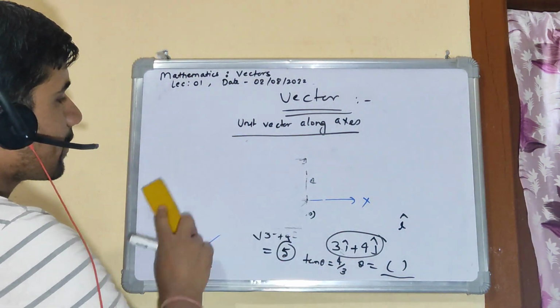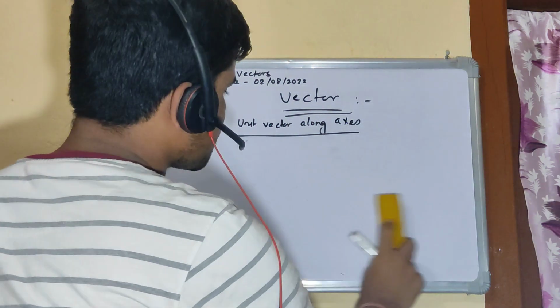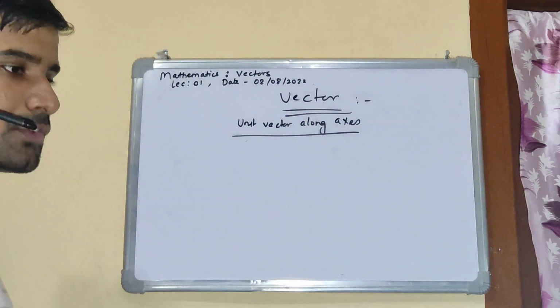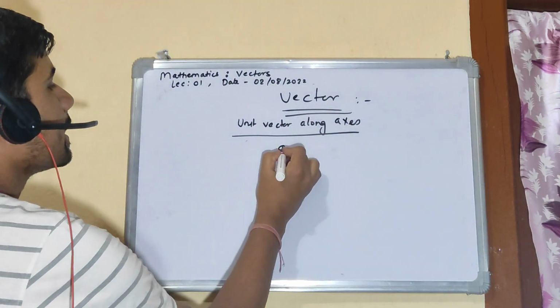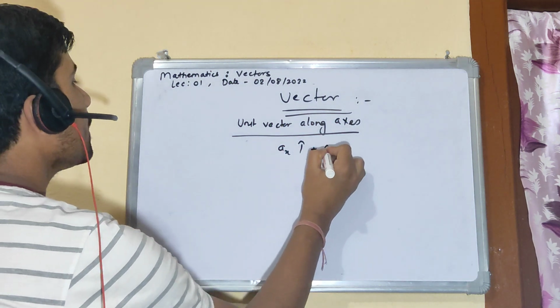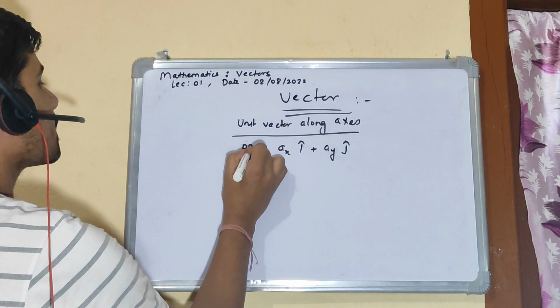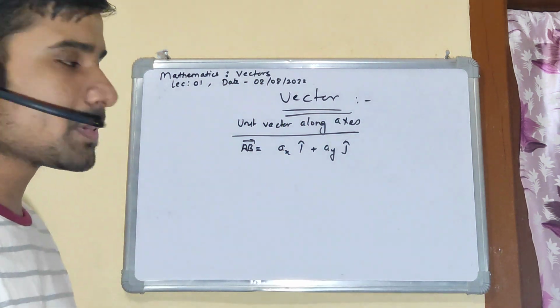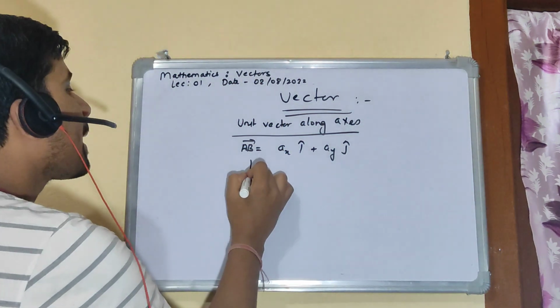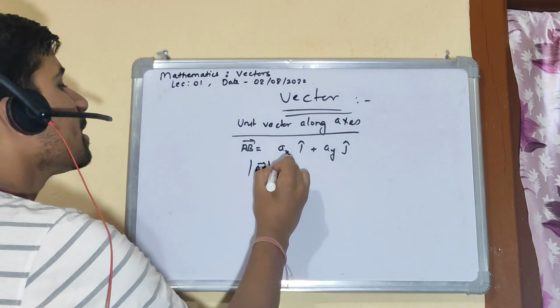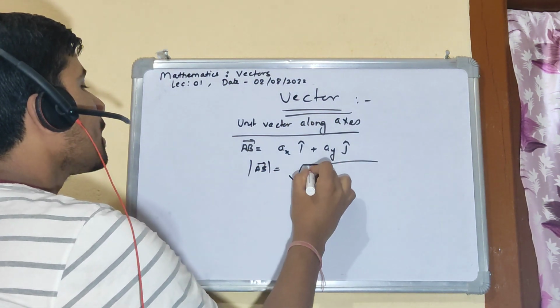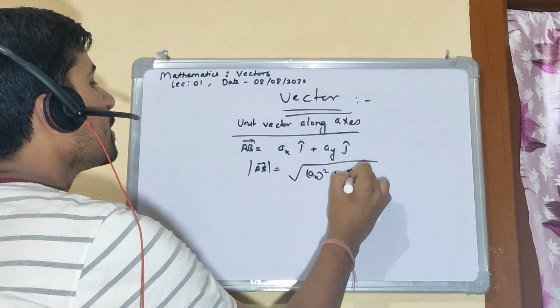So if I generalize it, if a vector is represented as ax I cap plus ay j cap, right? Let's say the vector is called AB vector. It is ax I cap plus ay j cap. So what will be the magnitude of AB vector? It will be nothing but under root ax square plus ay square, right?